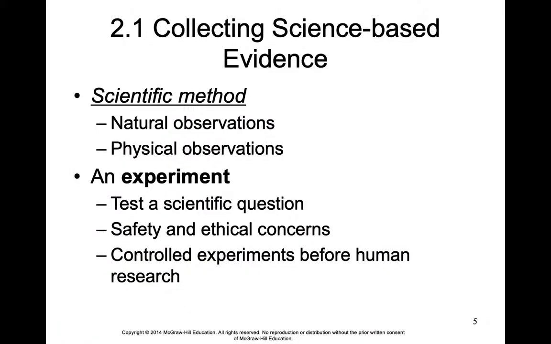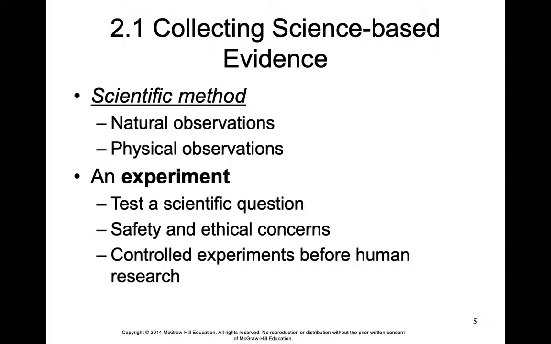So let's talk about what that means. As we collect science-based evidence, nutritionists and scientists follow a very specific method to conduct an experiment, using natural and physical observations to test a very specific scientific question. There are a lot of safety and ethical concerns that have to be addressed in the appropriate manners in order for an experiment to be taken seriously.